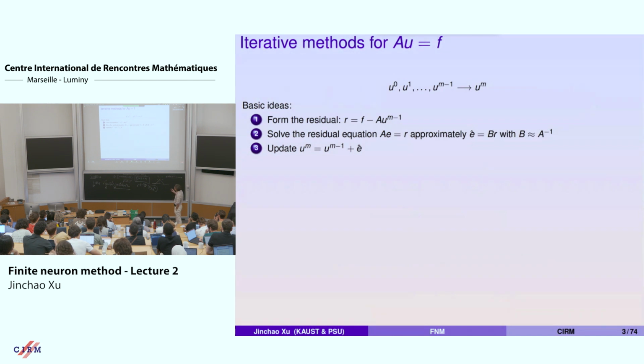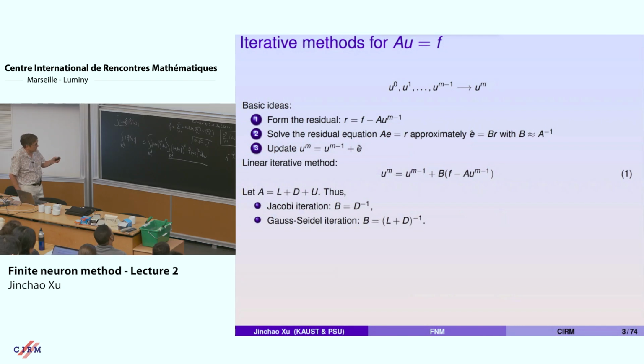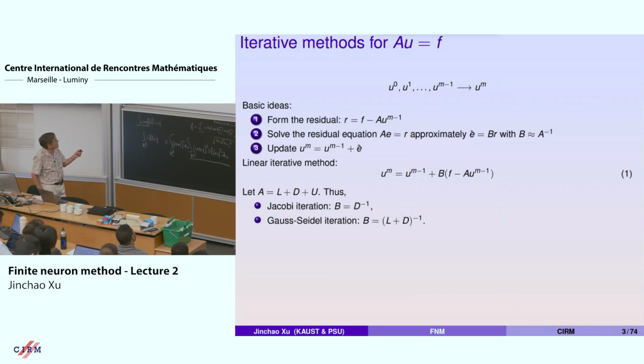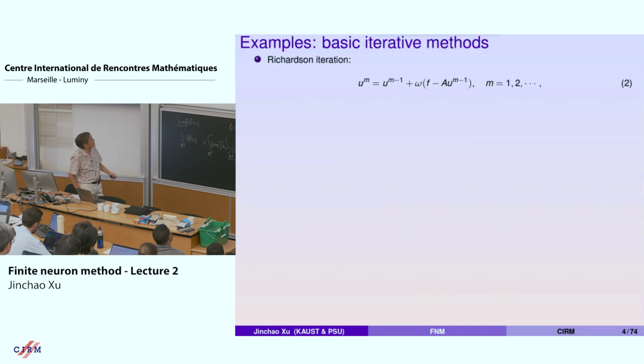Now the question is, how do you choose B? The way to choose B here is, for example, if you do the matrix decomposition, lower triangle, upper triangle, diagonal, inverse, you get Jacobi or (L plus D) inverse and all that.